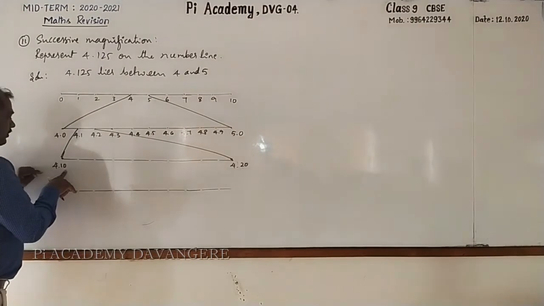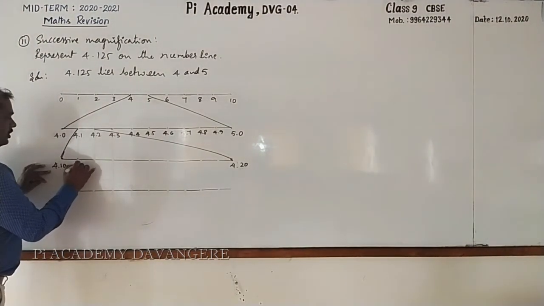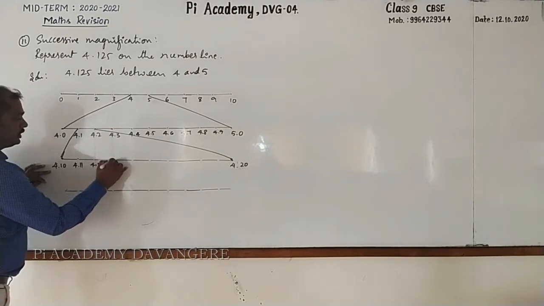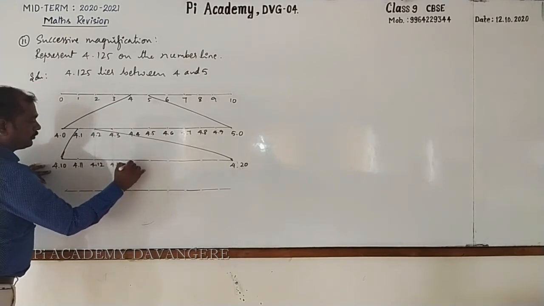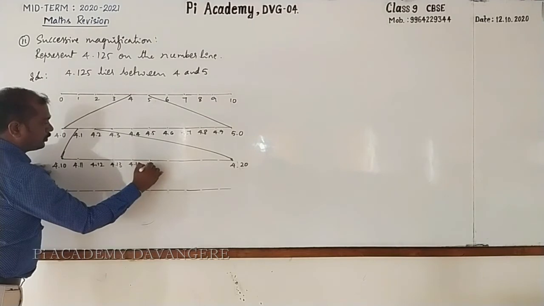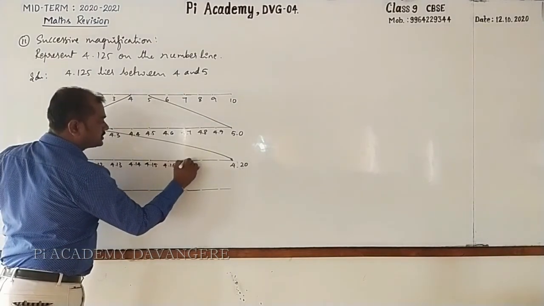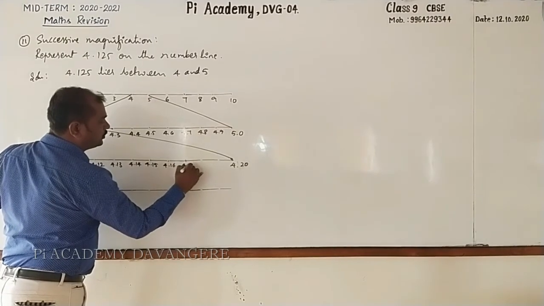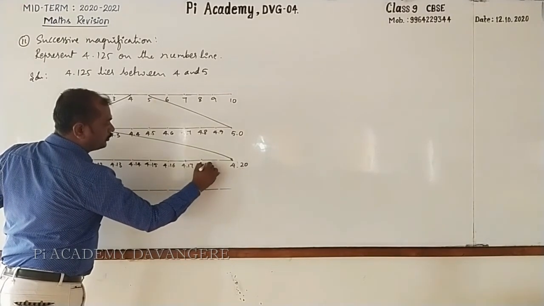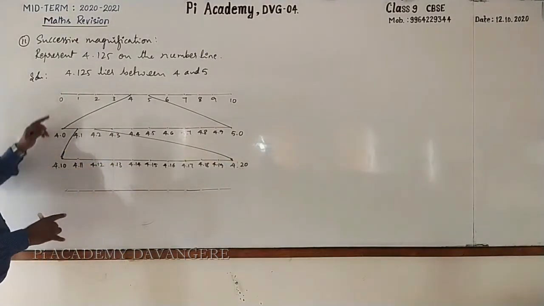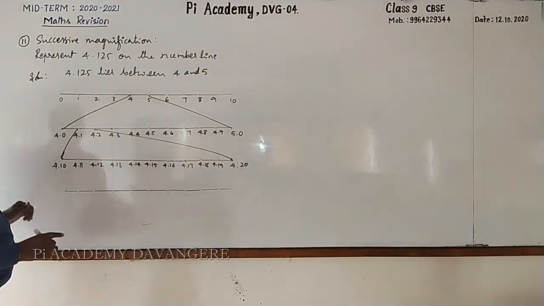Now we can write it as 4.11, 4.12, 4.13, 4.14, 4.15, 4.16, 4.17, 4.18, 4.19. But the number is 4.125.